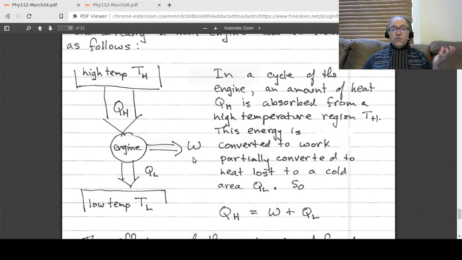The engine converts some of that into work, but then must lose some of it into a cold or low temperature reservoir, and the amount of energy lost to this low temperature reservoir we'll call Q_L. So Q_H is the energy absorbed from the high temperature, Q_L is the energy lost to the low temperature, and W is the work done.